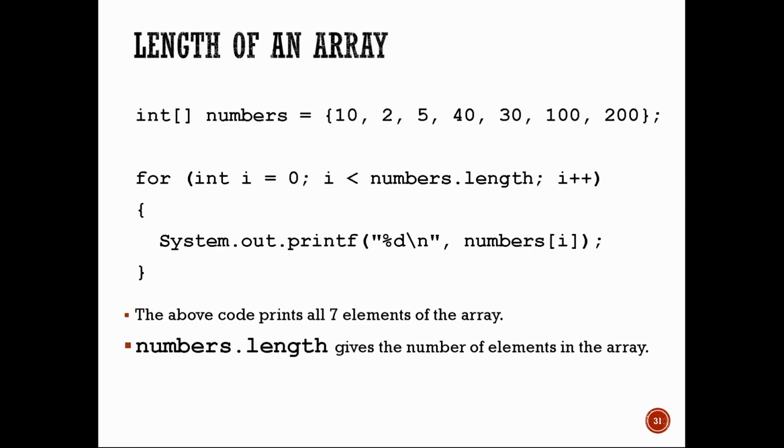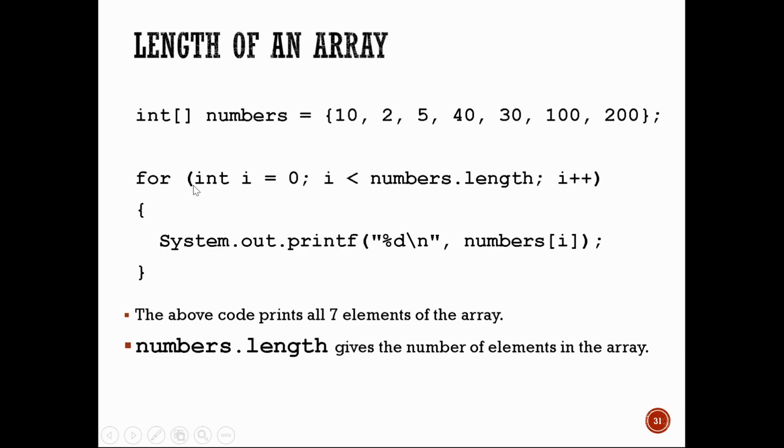By creating a variable i, and our i starts from 0, and numbers.length is 7, and i changes from 0 to 6 because the last value that the condition will process is 6. By the time i becomes 7, that will make the condition false, and it will exit from the loop.